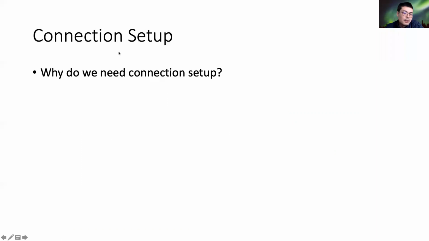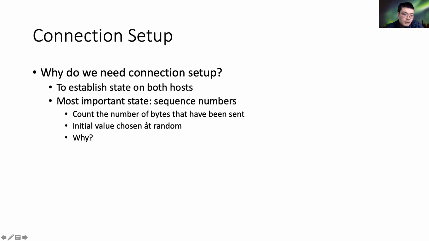And if you have a session, say you are doing online shopping on Amazon, you need a connection to set up and sustain. So why do we need a connection setup? It basically establishes state on both hosts.